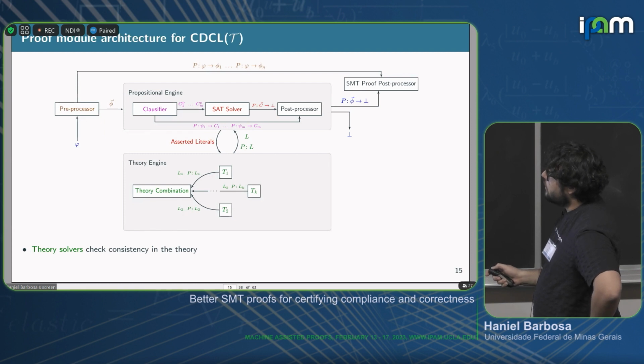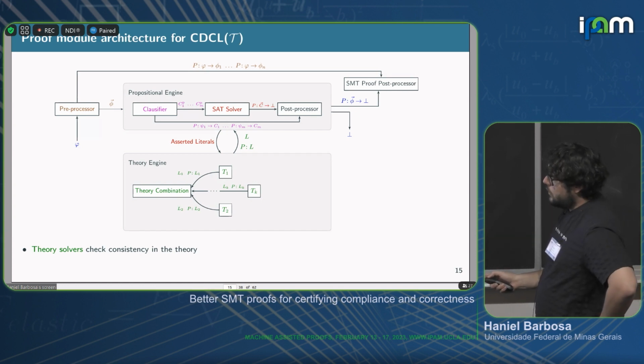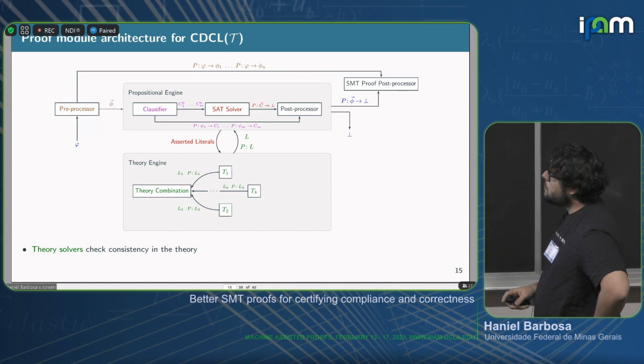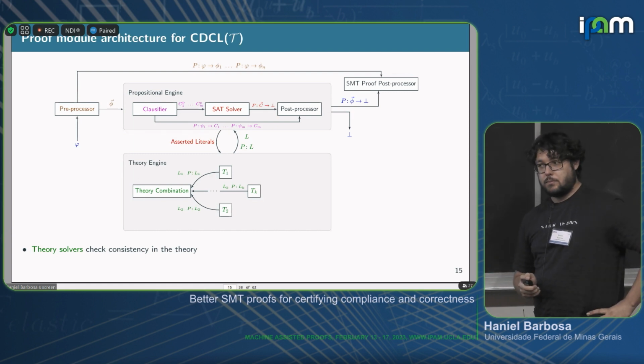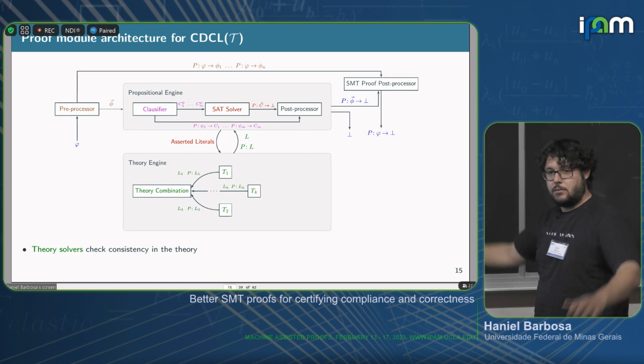So I have then a proof that from the preprocessed formulas I can derive false. Since the theories are producing just valid lemmas, I don't have dependencies from them. And now I must combine the proof from this guy into false from the original formula into the preprocessed one. And this is what this other post-processor here does, and I'm done.